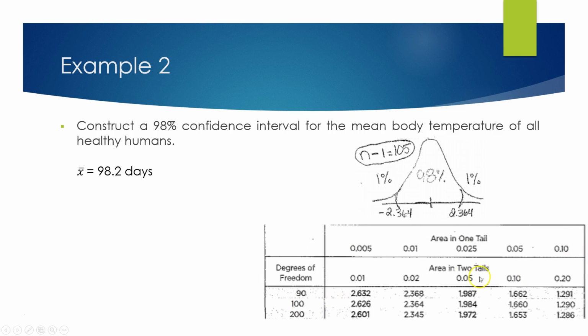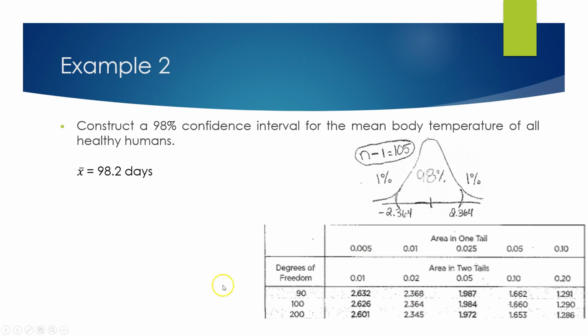So these top 2 rows here, they go together, they don't conflict with each other. The top row here is the area in one tail. So if you want to just look at one of these tails here, you have 1% or 0.01 inside there. This corresponds with having 2% in both tails. I'm honestly not sure why it is set up this way, but this is how almost all of them are. So you have a choice of either looking at both rows to cross-check yourself or just choosing one of them that you like the most.